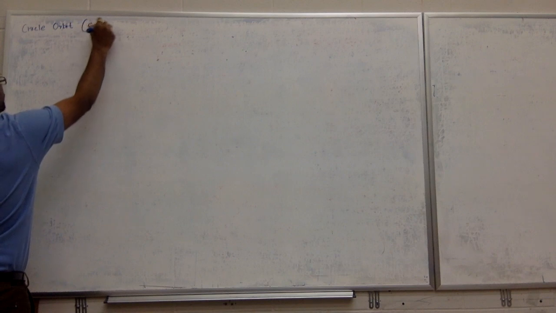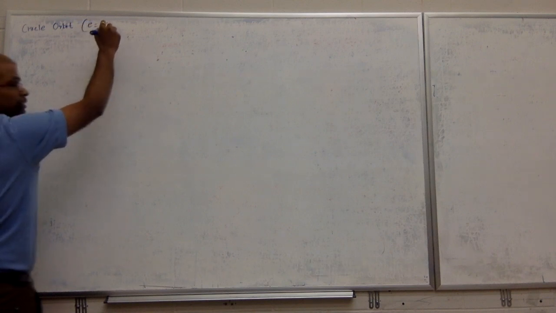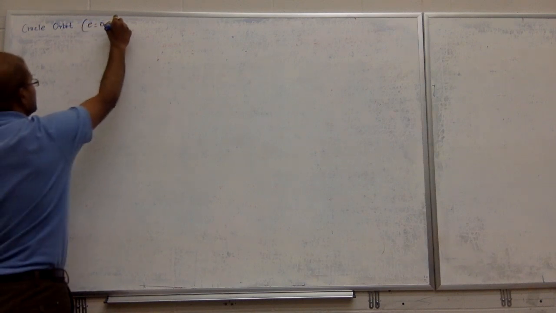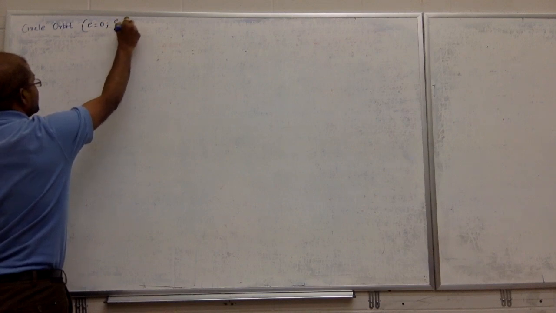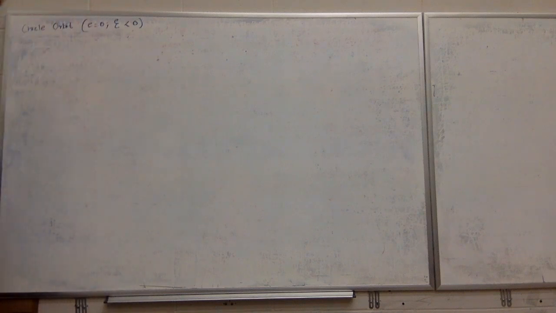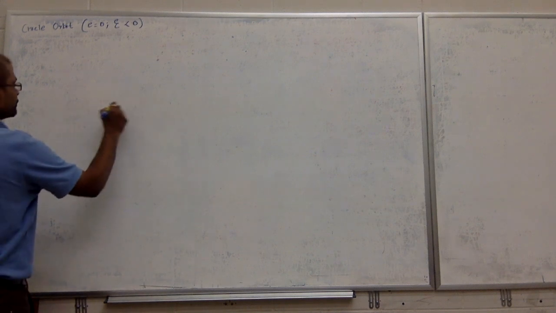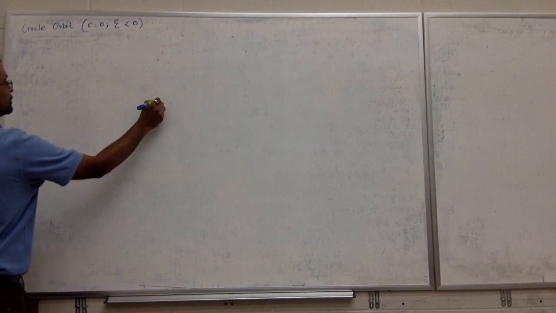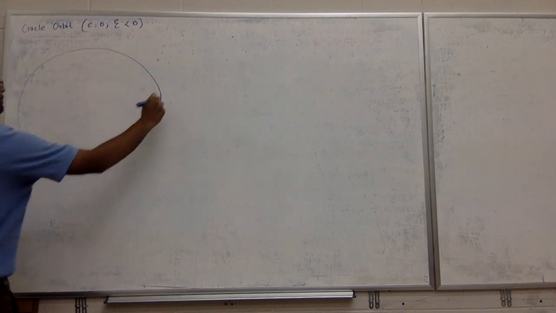Small e is equal to 0, and what else comes to your mind? Epsilon is less than 0. Okay? So this means the energy is negative. So you have a circle.